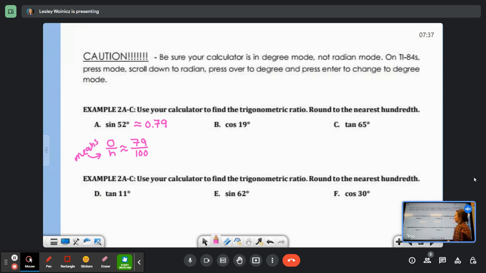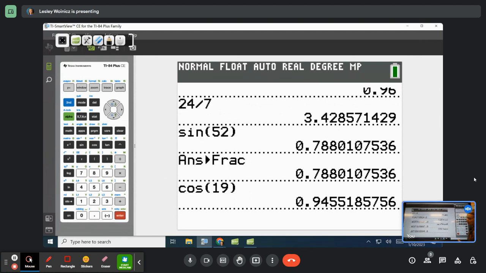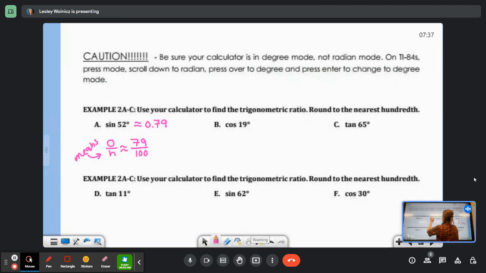Okay, cosine of 19 degrees. We hit the cosine button. We do 19. I'm getting 0.95. What that means is the adjacent over the hypotenuse is about 95 over 100.